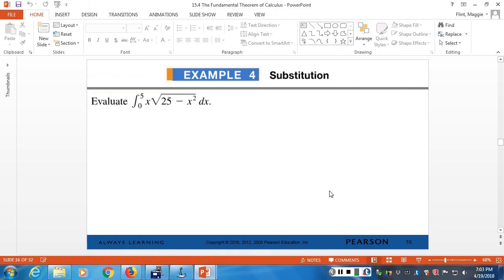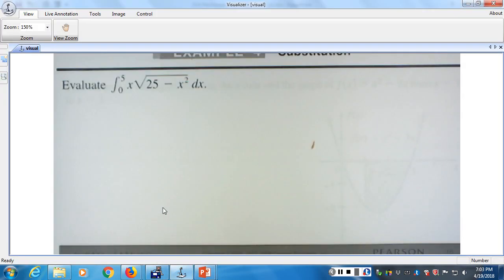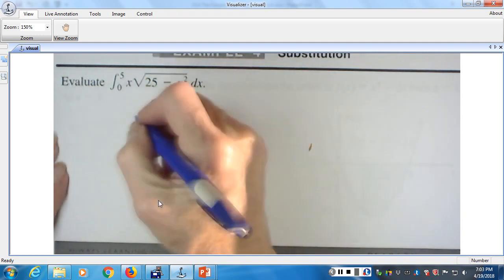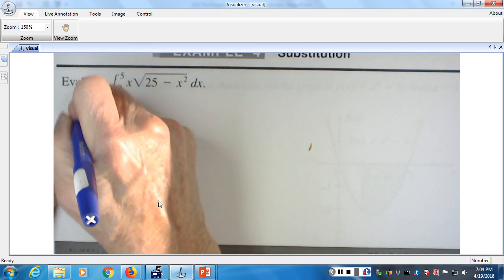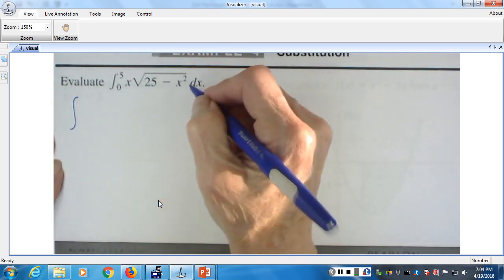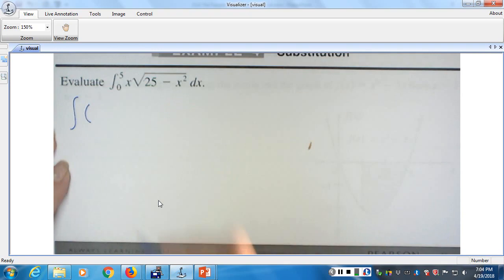Now this is the one where we're going to have to do substitution. So again, the first step, do the antiderivative. So this integral, I can't do things with radicals, but I sure can change that into a 1/2 power.